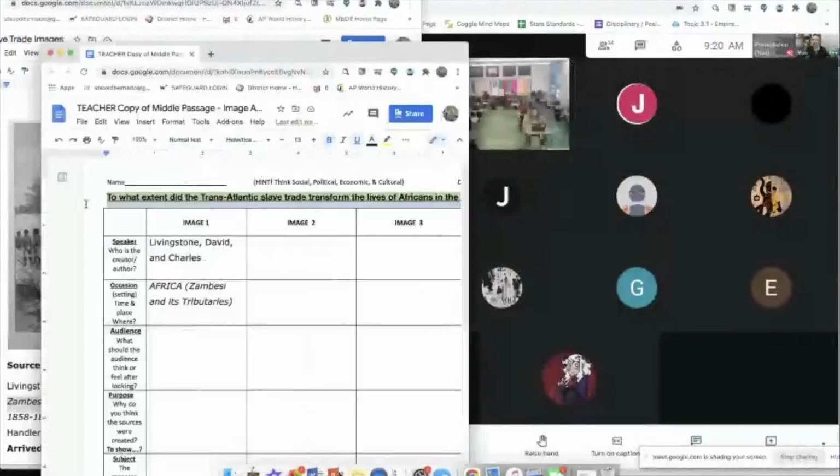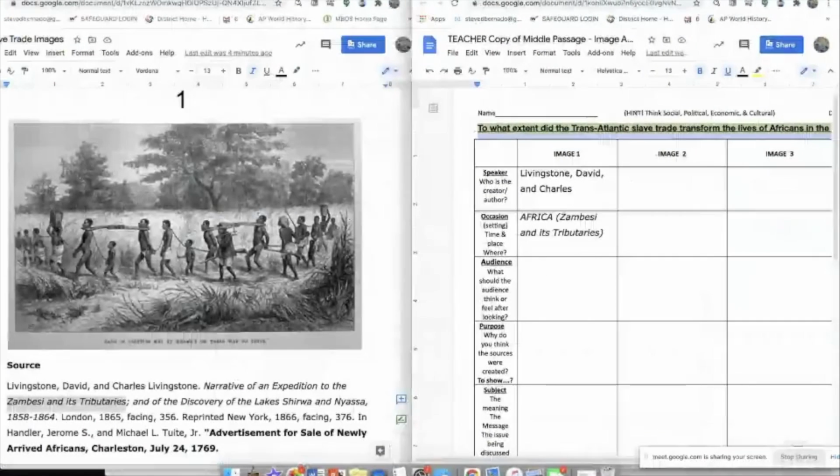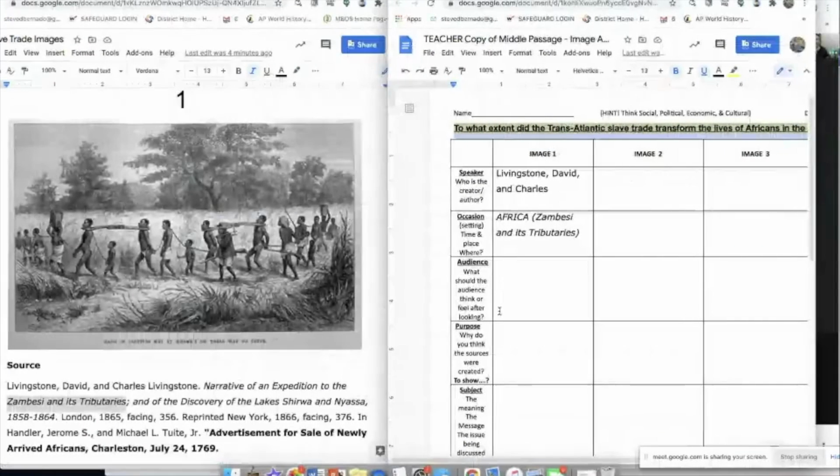So now I go back here. Everything we see, we're trying to figure out how their lives changed. We look at image number 1 and we see people in what seems to be a natural environment, and they seem to be captives.